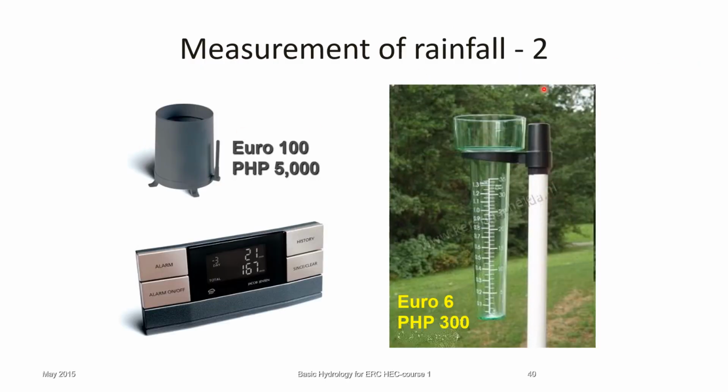This is an example of two types of rainfall gauge. We have this one, which is automatic, so it measures automatically. While this one is manual, so you measure it on your own. You can actually have this at home. It's very inexpensive.